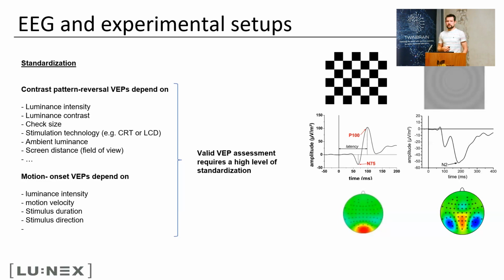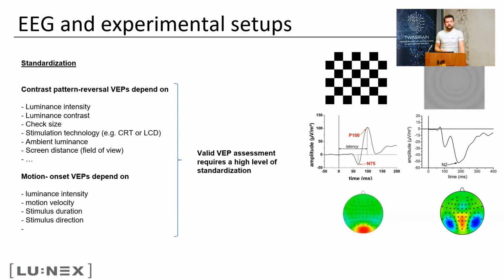What we are measuring typically is the distance between the eyes and the screen, so that you have exactly the same distance, because otherwise you have a different size of visual field that is stimulated, and again, this can make a difference in the end in the amplitude and latency of your potential.